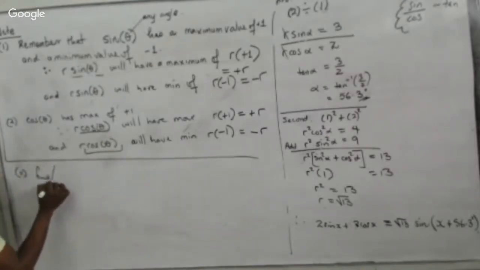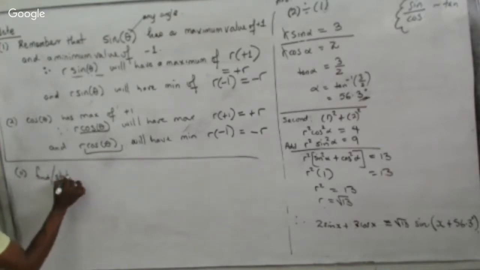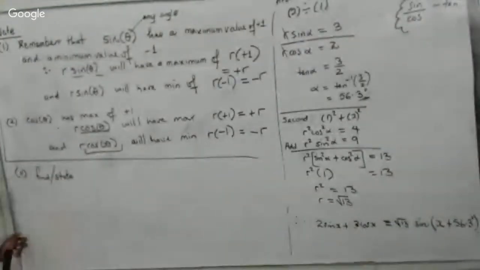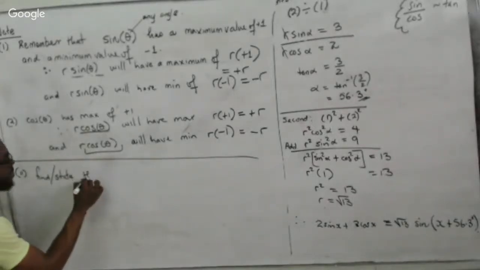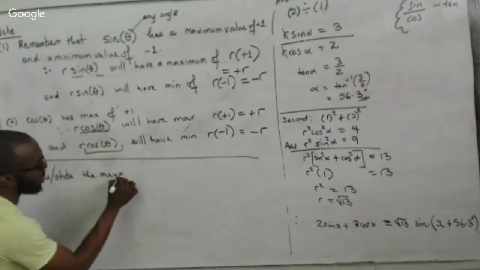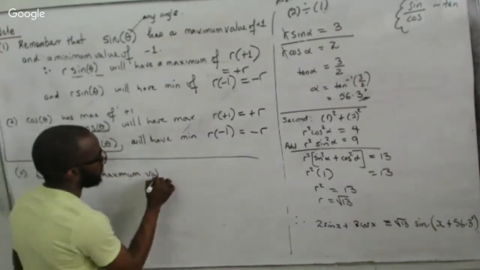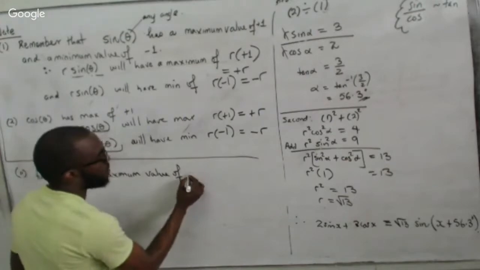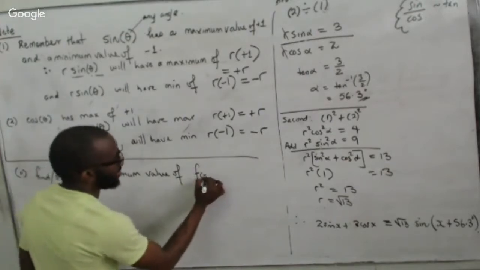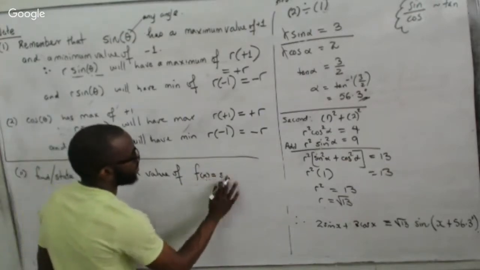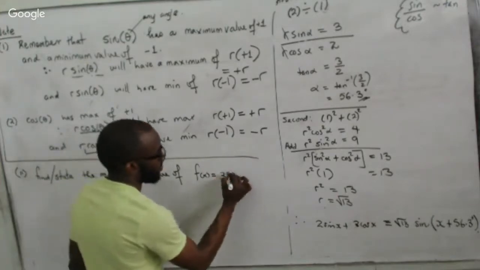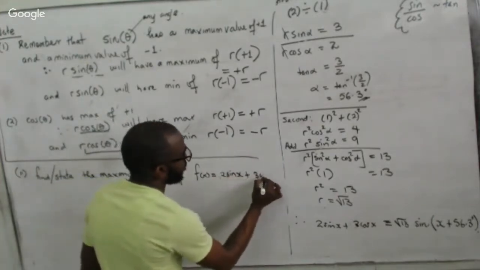The question could have very well said state the maximum value, because it's not thinking, it's just something you recall. Find or state the maximum value of f of x equals 2 sine x plus 3 cosine x.